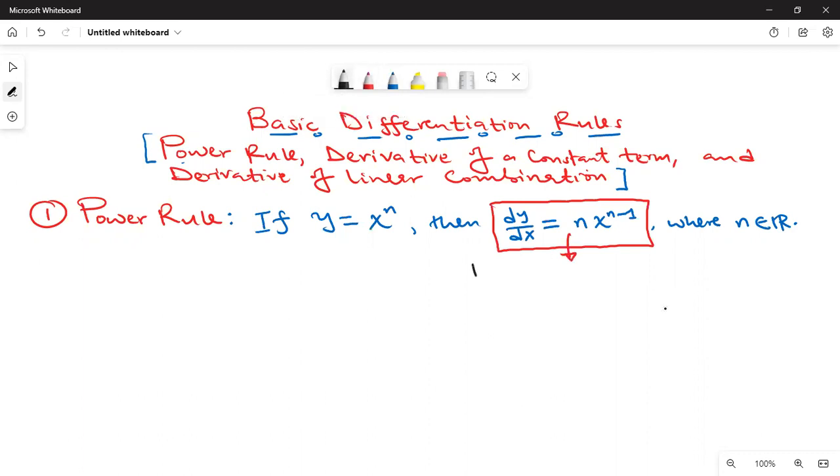It means bring down the power, then the resulting power should be less by 1.